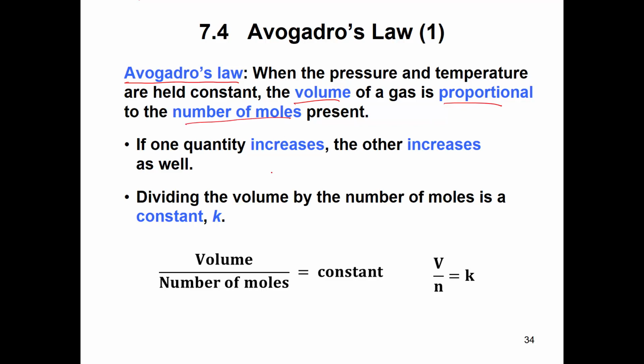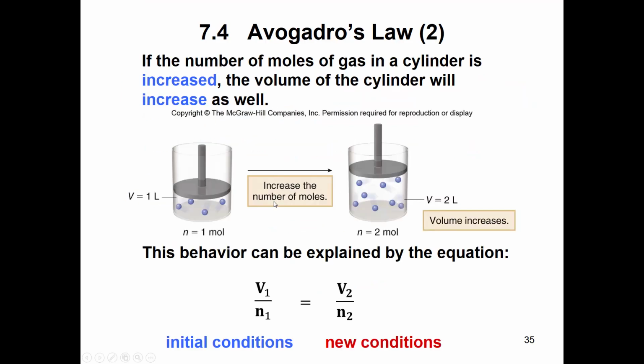That is, if you increase one, the other increases. So volume divided by moles is a constant. So I can literally change the number of moles, if I keep the pressure and the temperature constant. That will change the volume. Yeah, I know. It's kind of crazy.